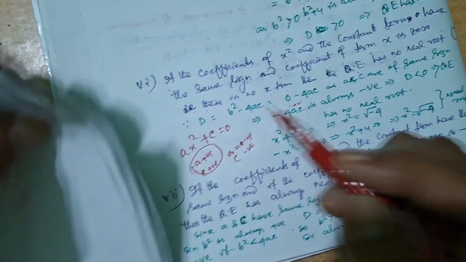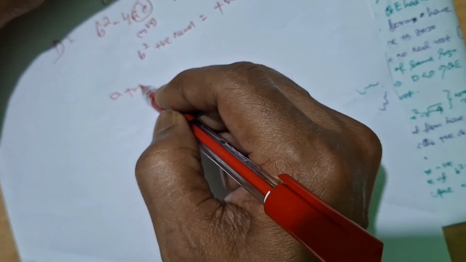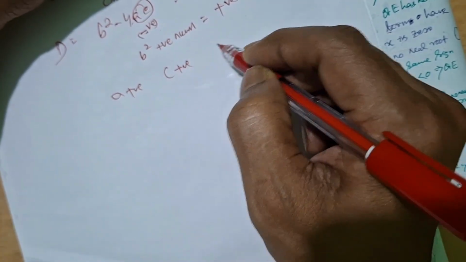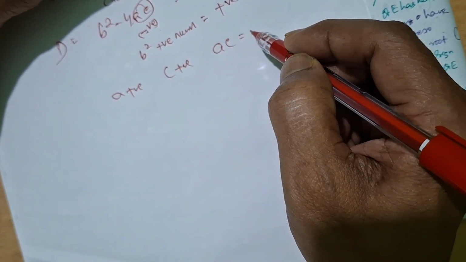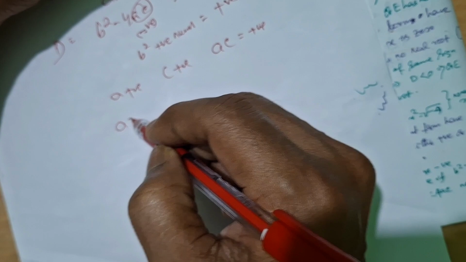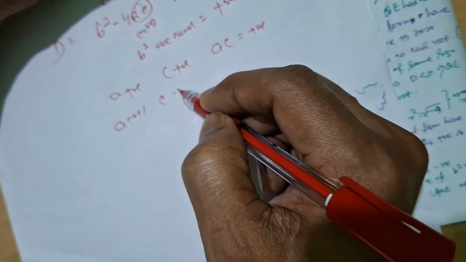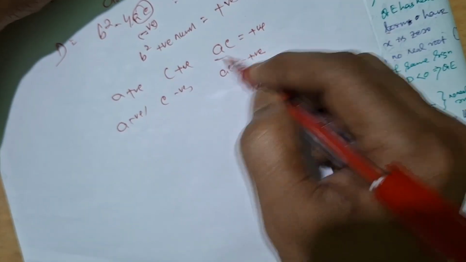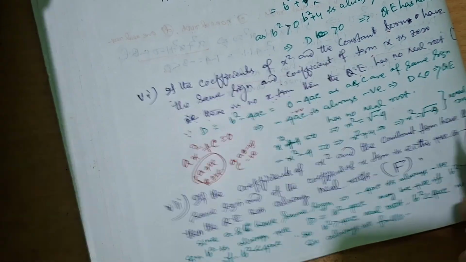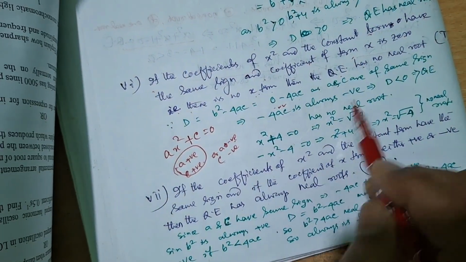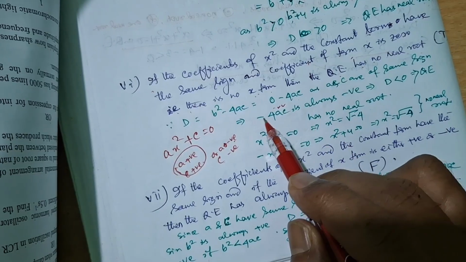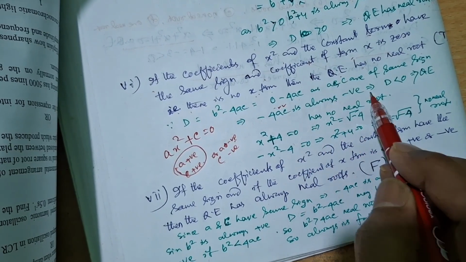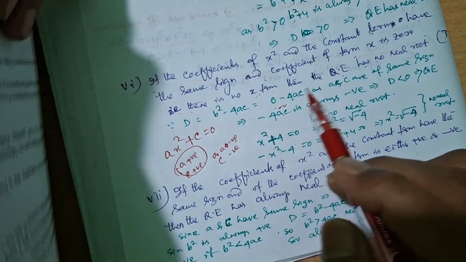If a is positive, c positive, ac is positive. a negative, c negative, ac is positive. So whatever the case may be, ac is always positive. So minus 4ac is always negative and D is less than 0.